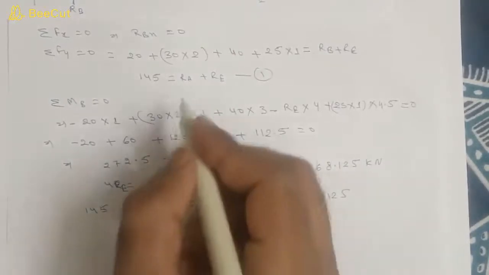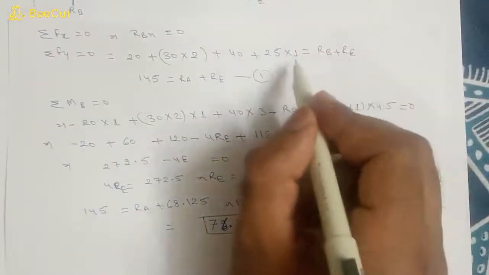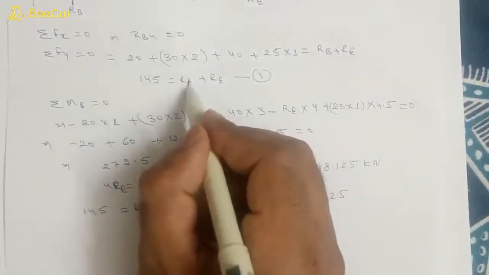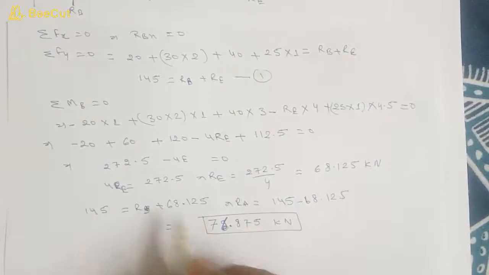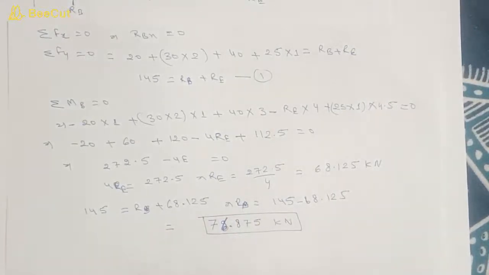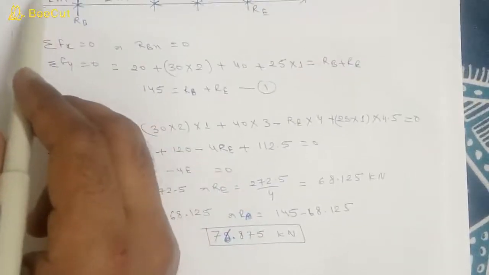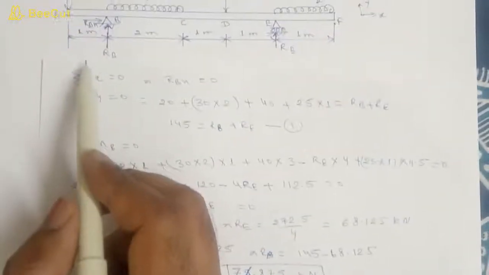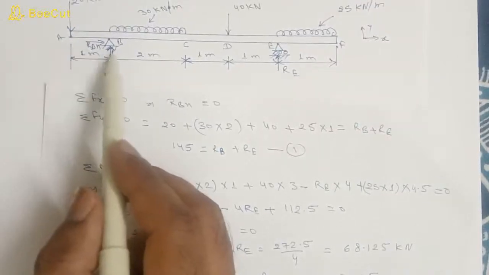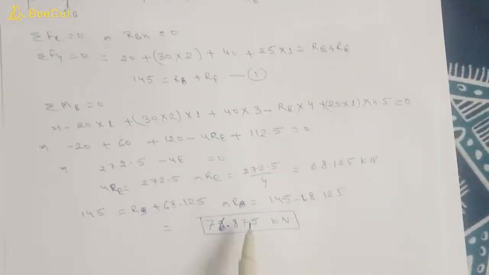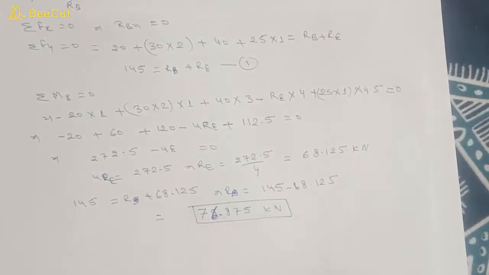Sorry, we have done some mistake here. This was RB plus RE is equal to 145. So this is RB, and here it is also RB, because there is no reaction at A. You can see here is point A. So there is no reaction. Reaction is at point B. So RB is equal to 76.875 kilonewton.